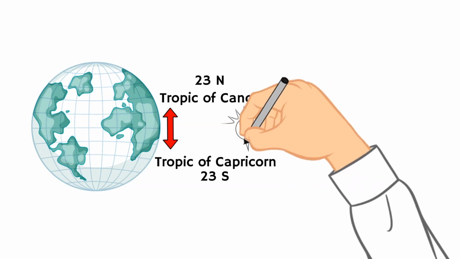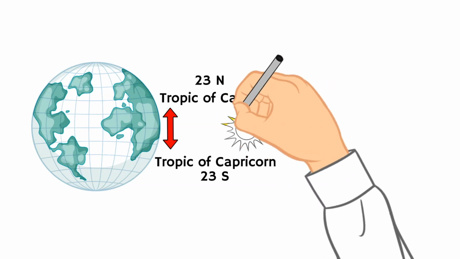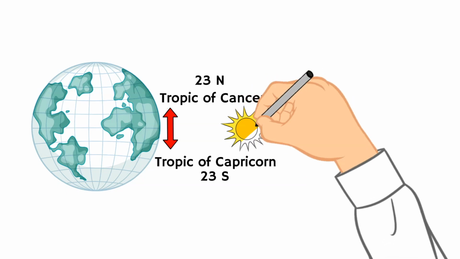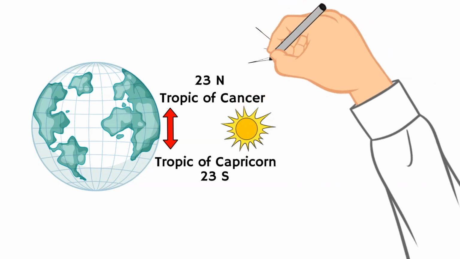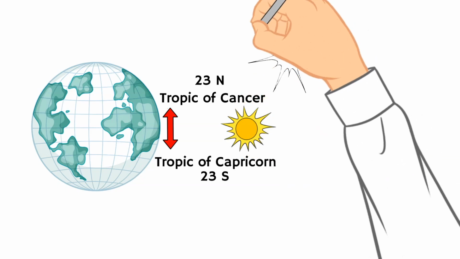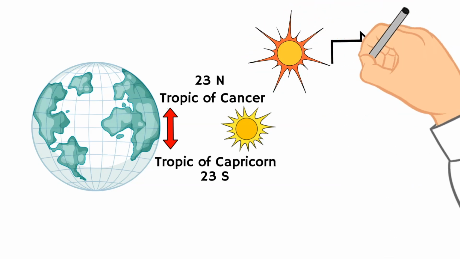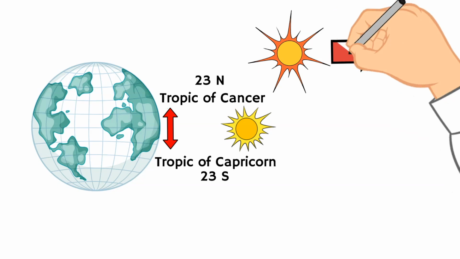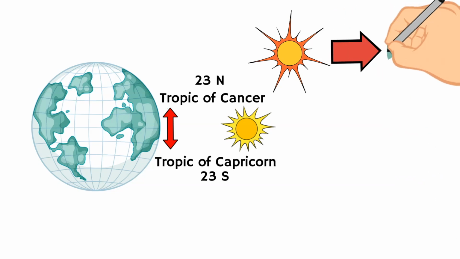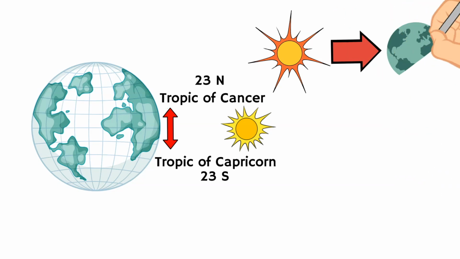The Tropic of Cancer marks the northernmost edge of the tropics, and the Tropic of Capricorn marks the southernmost edge of the tropics. This part of the Earth between the equator and these two circles of latitude is the only part of Earth where the sun sometimes shines straight down.